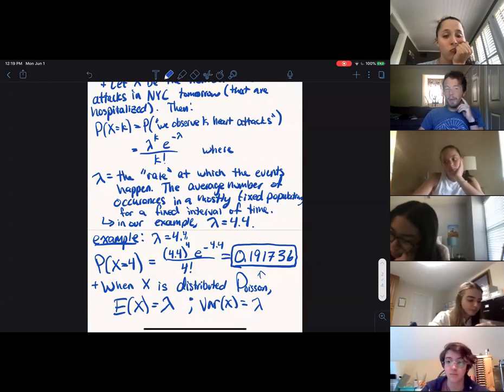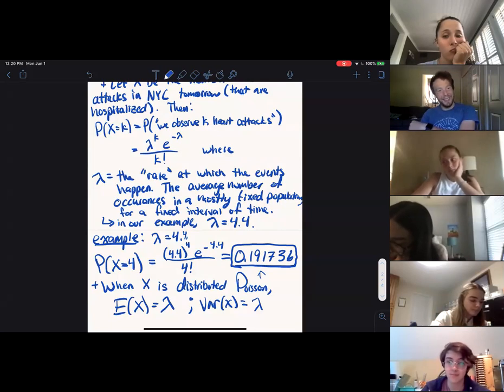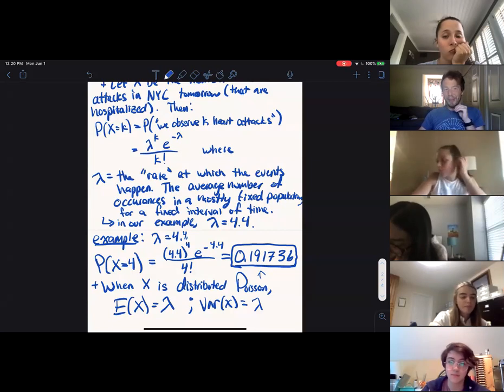If 10 people have a heart attack in one day and your population is 20, your probability of having people show up with heart attacks tomorrow goes way down, right? So that's why I say, there's a lot of nuances to the Poisson distribution, and I'm giving you kind of a cursory look at it.